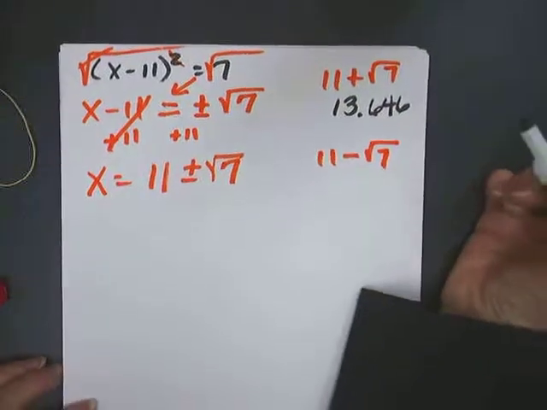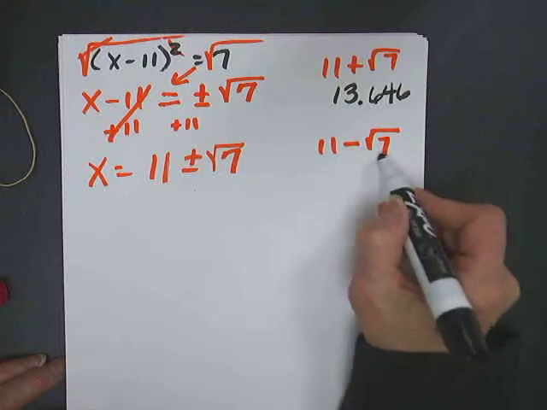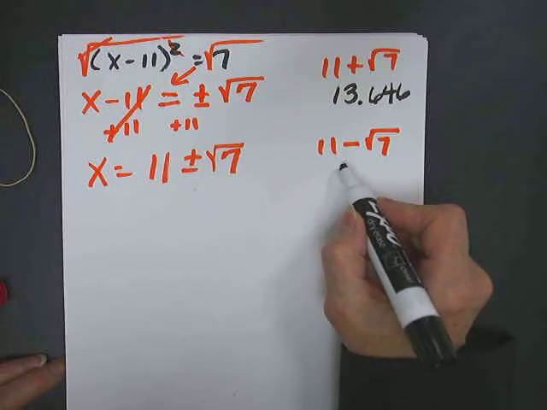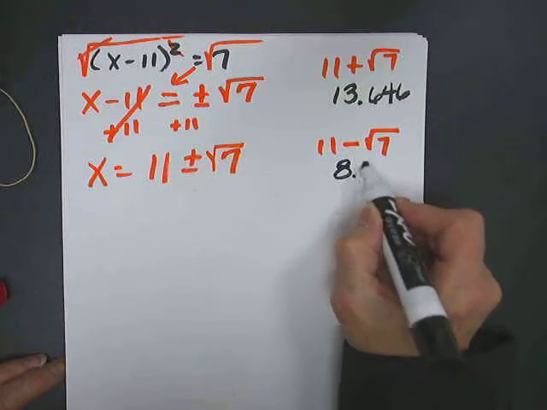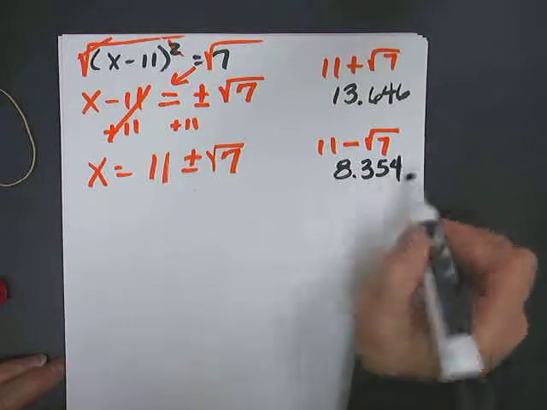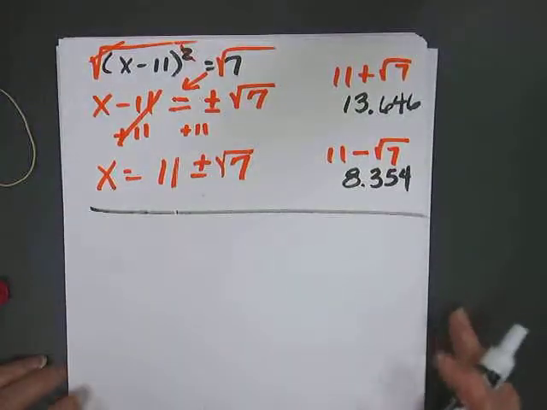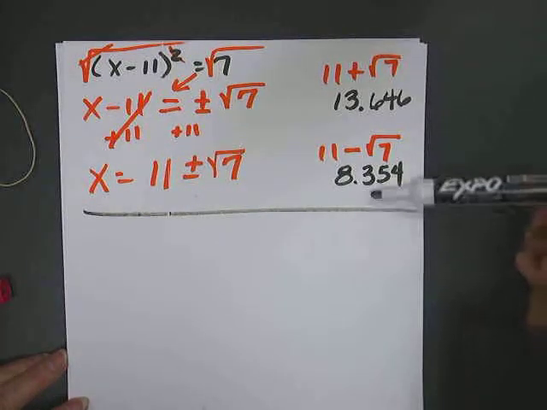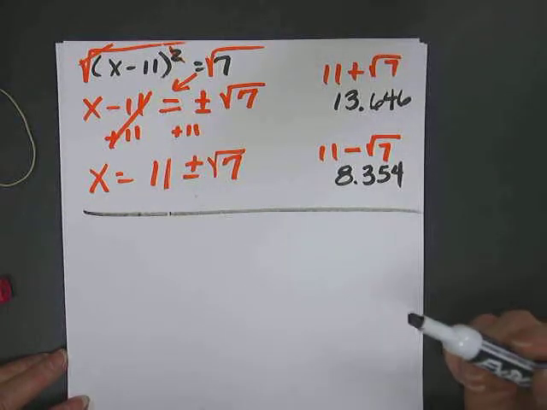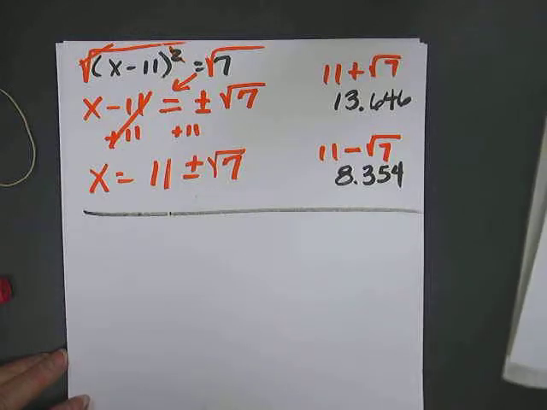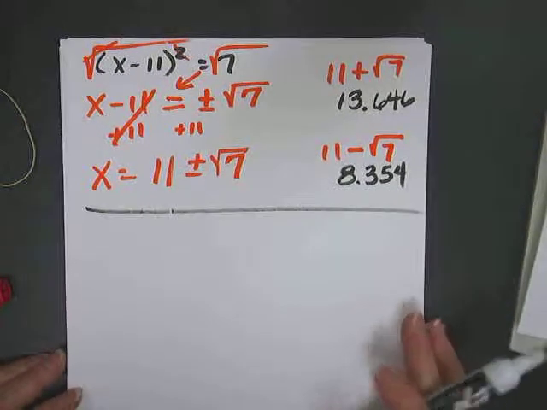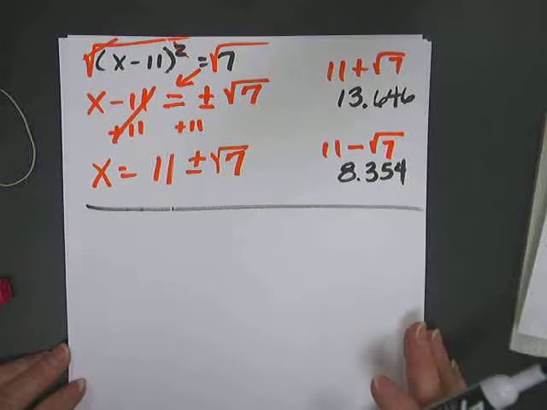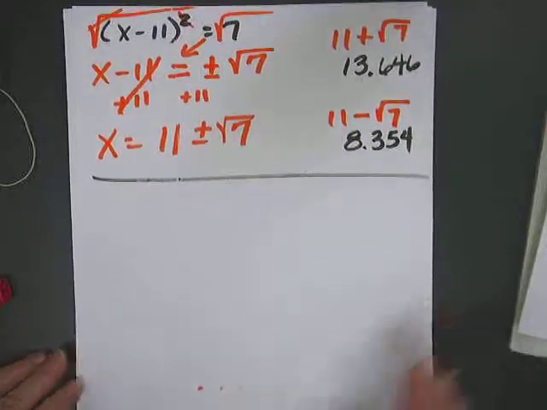What do you get? 13.646. And 11 minus square root of 7? 8.354. Okay? So they would be whole numbers or you round them to 3 places.